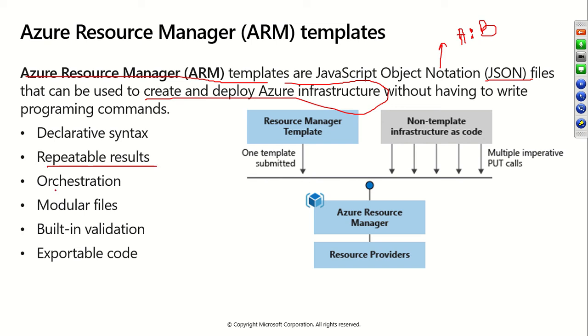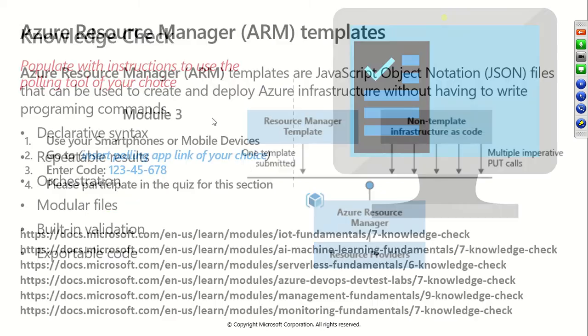You can automate the creation of what you want to create, and you can also build your template in modules. You can validate your templates, and you can export the code. You can copy the code from somewhere to another place. I will show you that later.